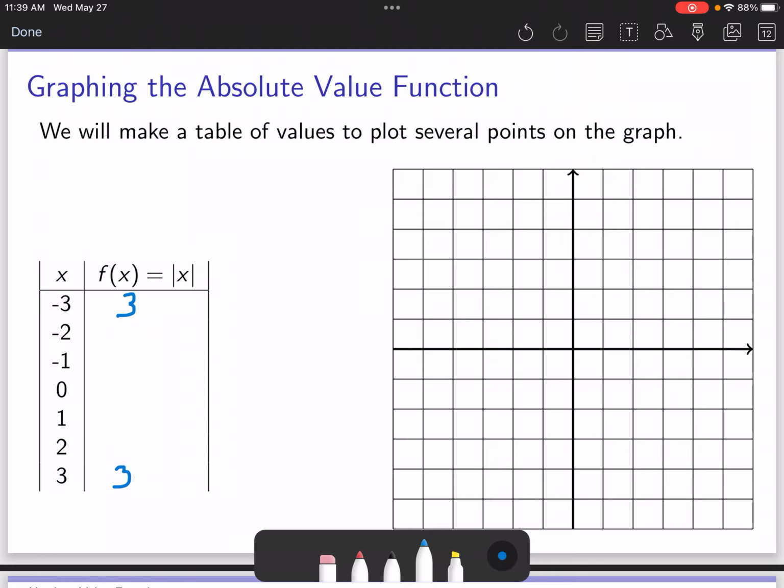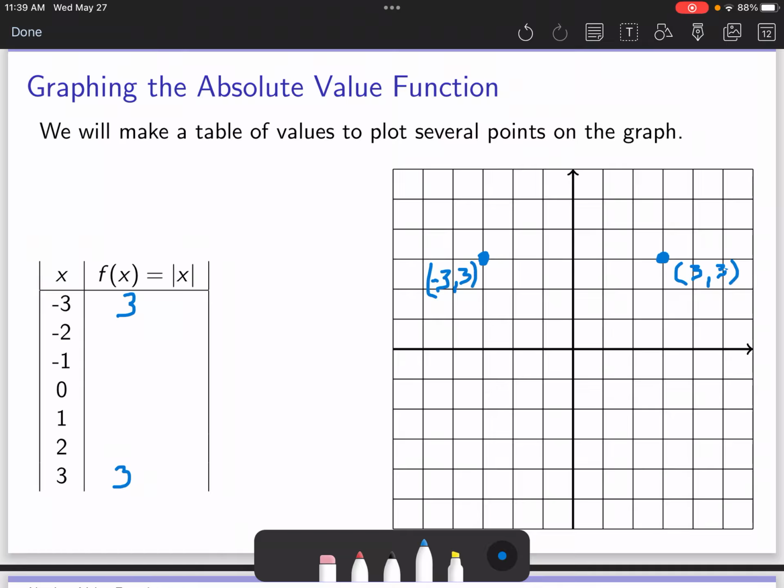For f at 3 equals 3, the x value is 3, so we start at the origin, 0, 0, where those 2 dark lines cross. We move right 3 spots and up 3 spots, and we get the point 3, 3. And then we also have the point negative 3, 3, so we move left 3 spots and up 3 spots.